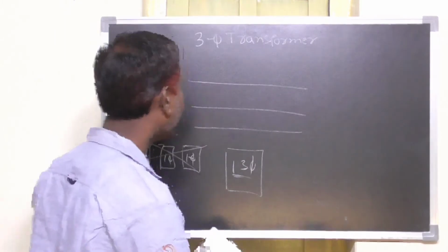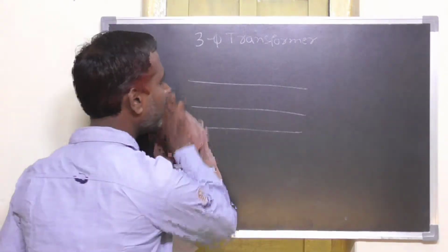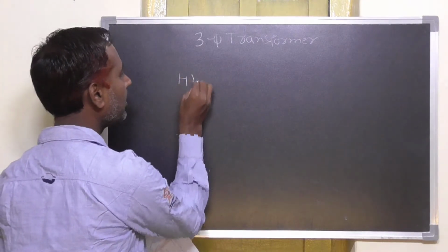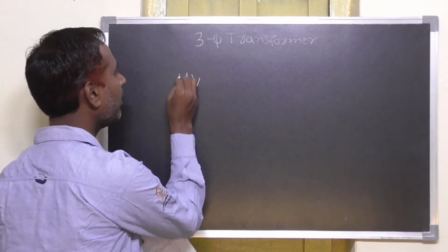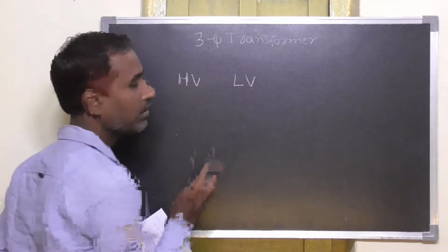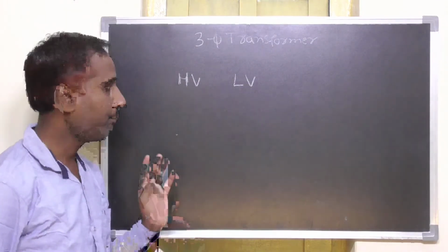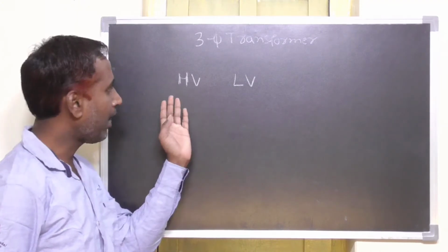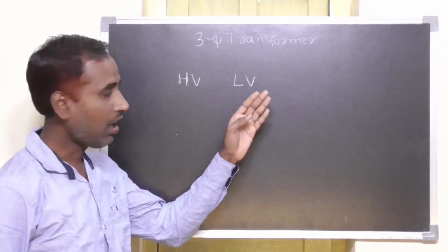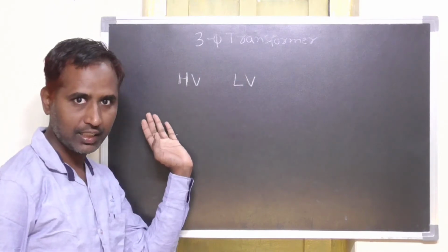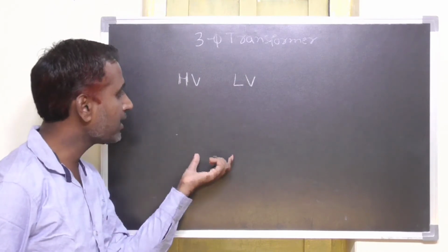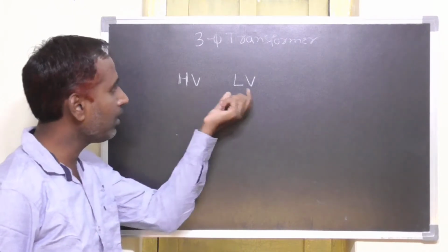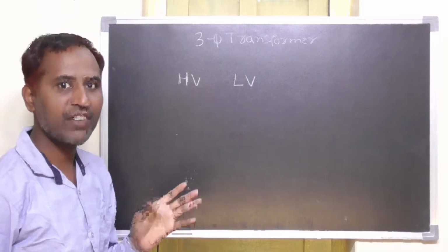So while sending the voltage, we know that there is a high voltage side and a low voltage side. I am going to explain, if we are sending the voltage from high voltage side to low voltage side or low voltage side to high voltage side, the relation between the high voltage and low voltage depends upon which factor?